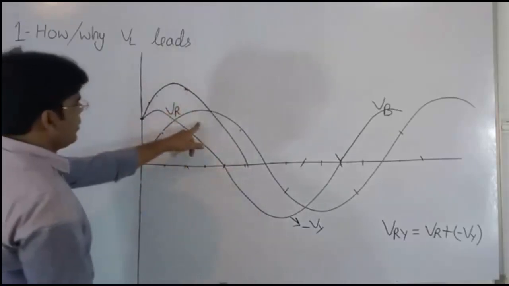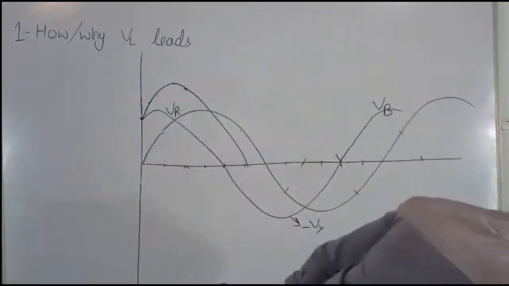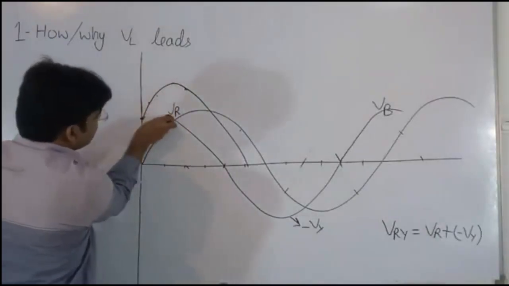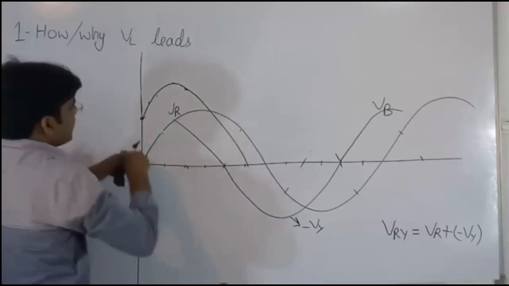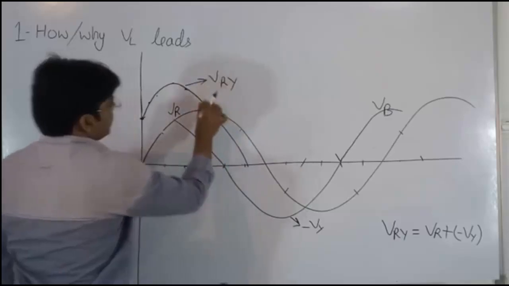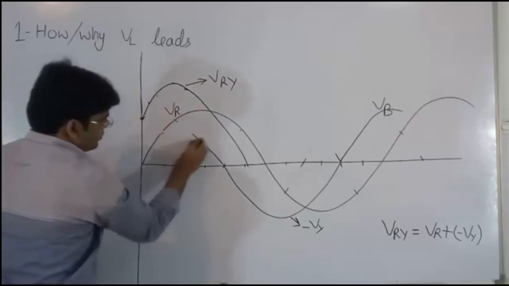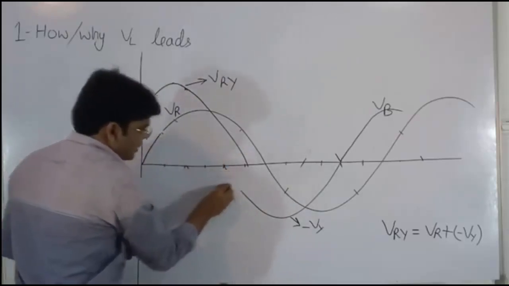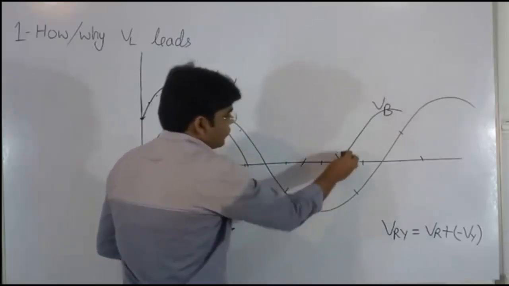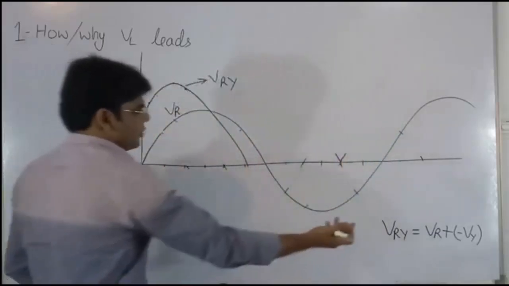So now I am raising minus VY. From this waveform, it is clear that VRY is greater than VR. Now we have to see phase difference between VRY and VR. That's why I have raised minus VY.